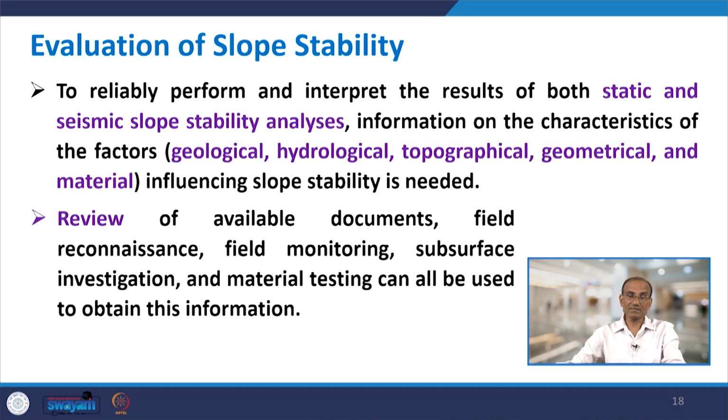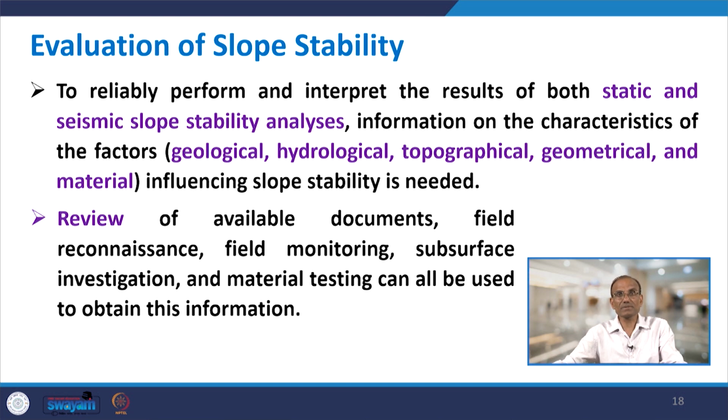Now we come to the second part of this lecture, and in fact that is on evaluation of slope stability. So that is the second chapter basically of this module. To reliably perform and interpret the results of both static and seismic slope stability analysis, information on the characteristics of the factors which we already discussed is required: geology, hydrology, topography, geometrical and geotechnical properties.